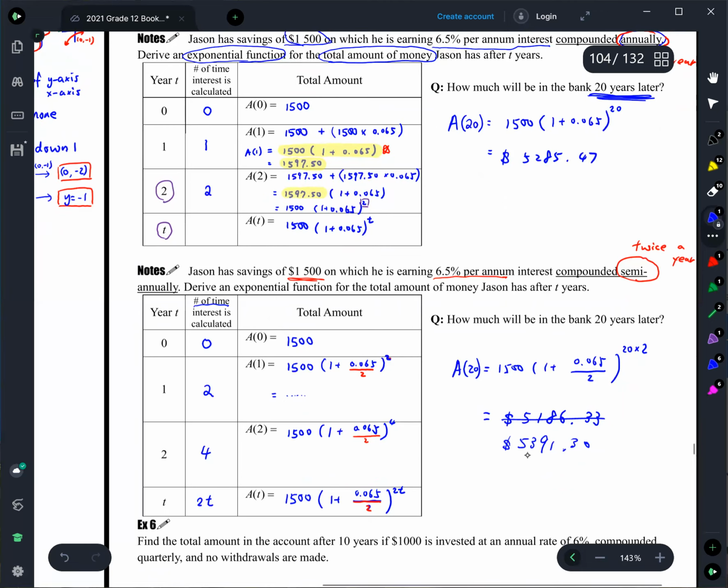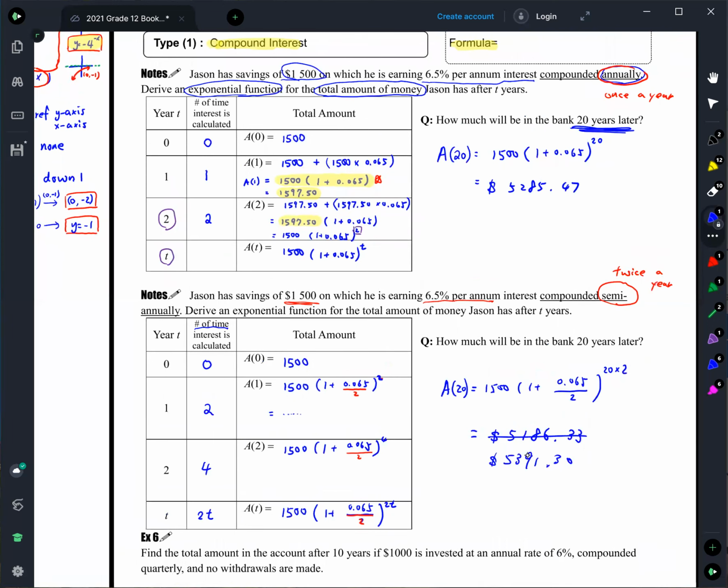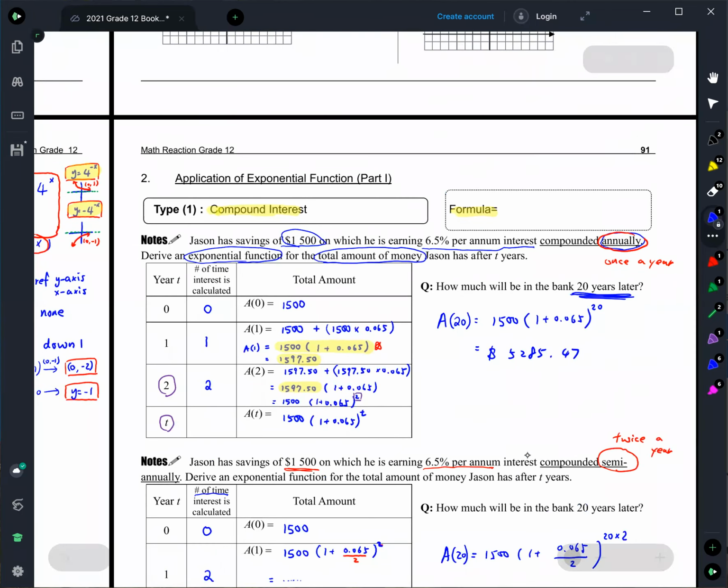Okay, so now let's write down the general formula. Depending on the interest rate, so the money can change, and depending on how frequently the bank will pay you. So the formula for compound interest, let's write it. So A of t means the amount after t years.